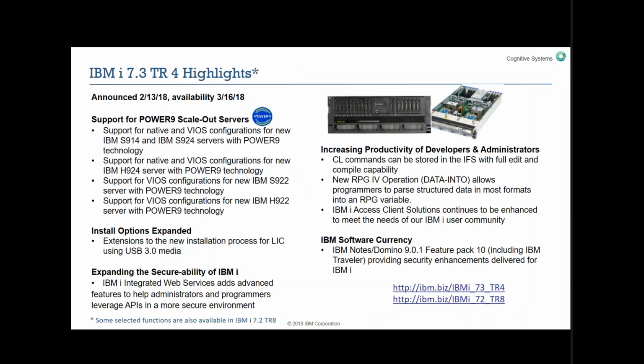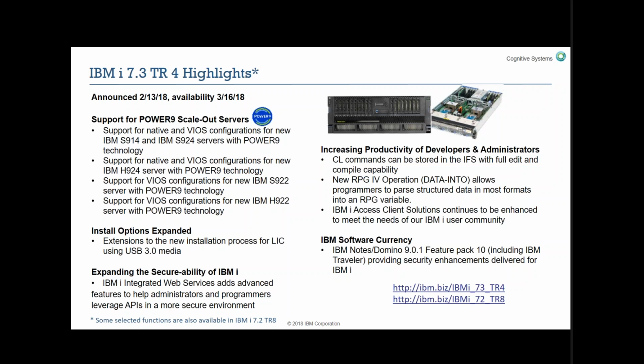To highlight just a couple, I've got a couple of slides here showing some of the technology refreshes. I mentioned we just had 7.3 TR4 and 7.2 TR8 come out. Of course, this is a good match for our Power 9 scale-out servers, which are our entry line of servers. We also did some enhancements to installing IBM i using USB media, which I'll talk about shortly, and some other great things you can see there.